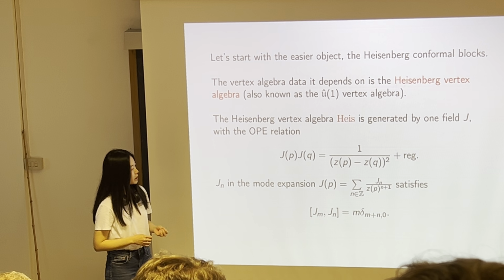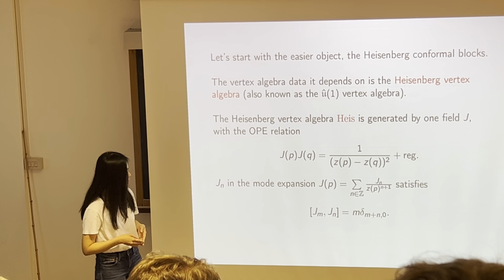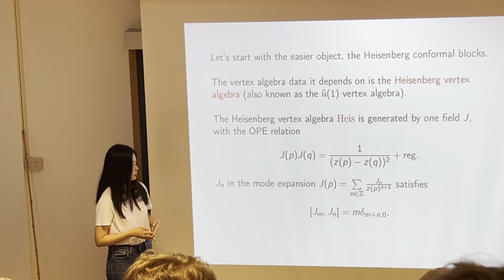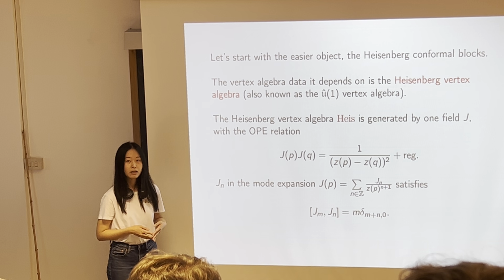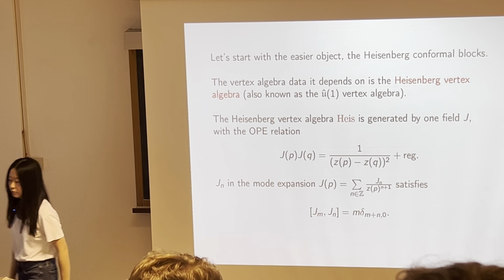Here z is just a local coordinate around P and Q when they get close. And if we want to see the usual Fock-space algebra, we can do a mode expansion of this generator, and the J_m will satisfy this commutation relation.